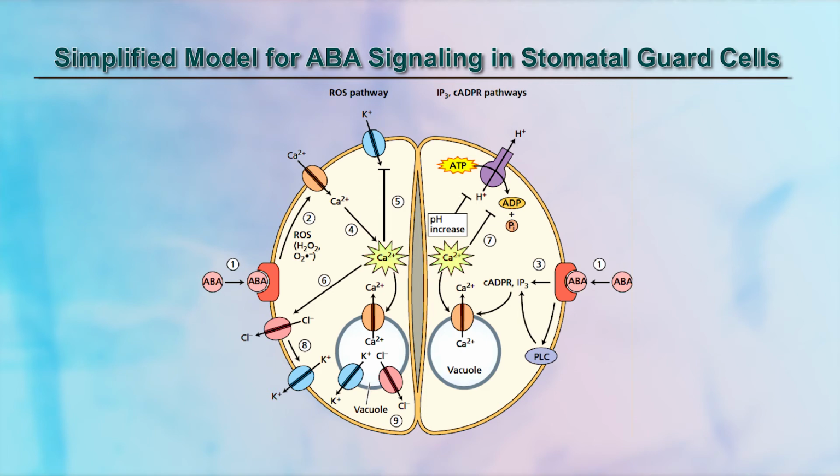Now, this increased calcium ion concentration then ultimately regulates the ion channels. First of all, it closes the potassium ion import channel and opens the potassium ion export channel. At the same time, the calcium can also open up the chloride ion export channels. And during this time, it also inhibits the proton pump present on the guard cell membrane.